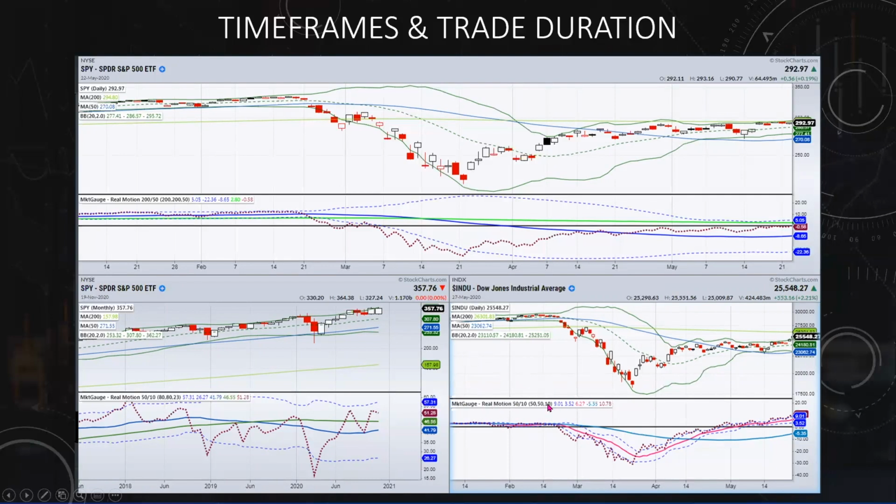So we got the 50 and the 10 on the daily, the 200 and the 10 on the daily, and also now a monthly chart. And what's interesting, you can see for the first time in several months, we're actually starting to trade nicely above and about to break out above the recent highs in real motion. Also, what's interesting is that we really held the 50-week of real motion here. So very, very interesting read across the board.